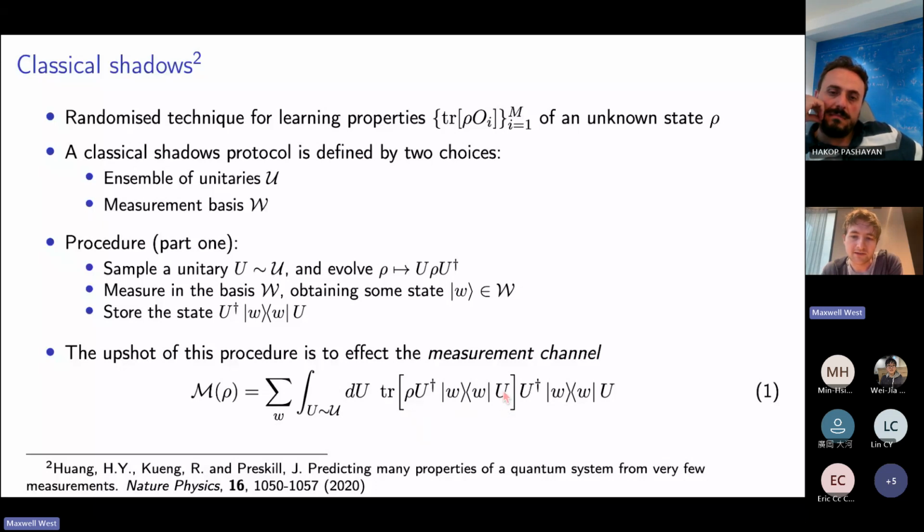Yeah, you take this copy of U at the end and wrap it around. This quantity here is the probability that you produce this final state, having carried out this little procedure. And then you add up all the possibilities. And this is the measurement channel.